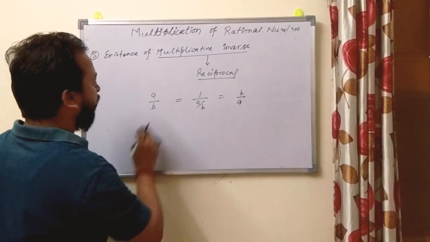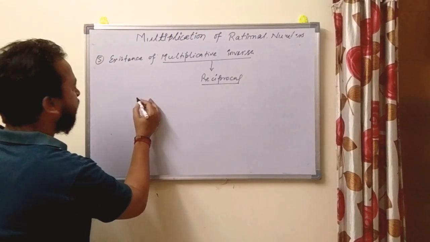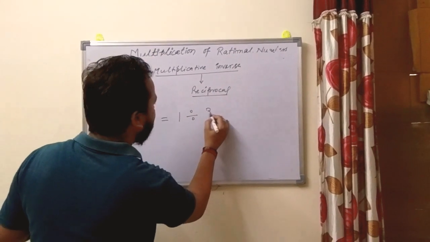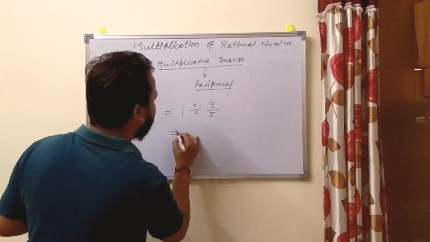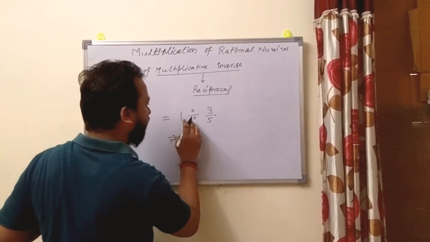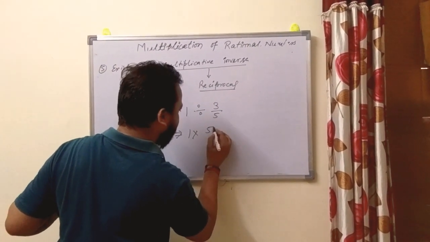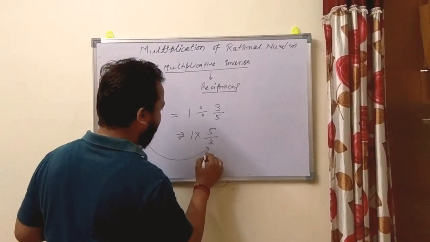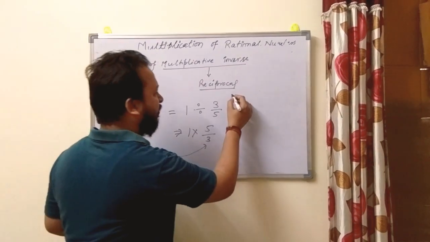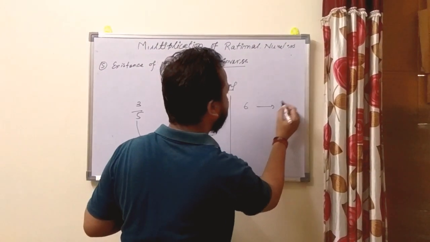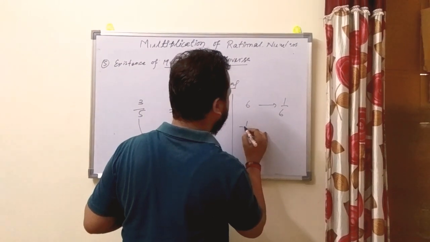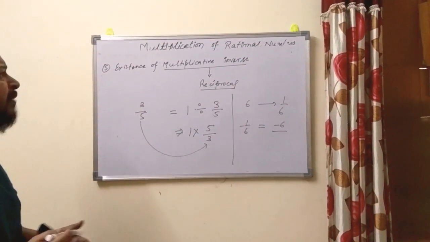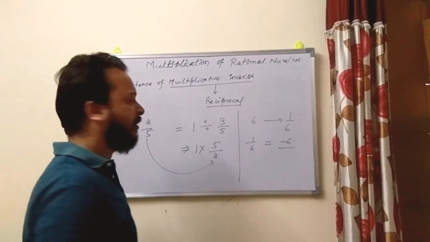So this is the reciprocal. Or we are taking an example, suppose a number is 3 by 5, the reciprocal of this number you can write as 1 divided by 3 by 5. So if you are changing the division sign, you can write it as 5 by 3. So reciprocal of 3 by 5 is 5 by 3, right? So reciprocal of 6 is 1 by 6, or reciprocal of minus 1 by 6 is minus 6. So this is the multiplicative inverse or reciprocal, right?